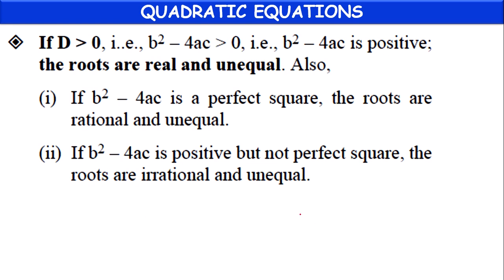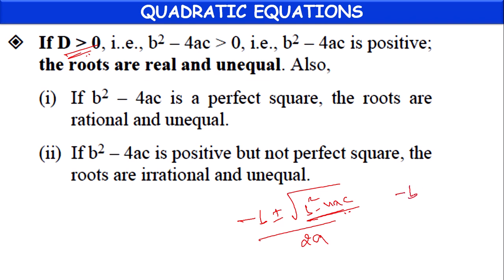Next, if the D value is greater than 0, then in minus b plus or minus root of b square minus 4ac by 2a, the discriminant will be some positive number.